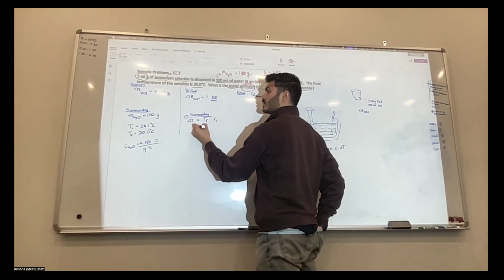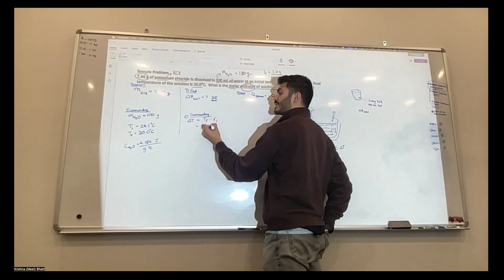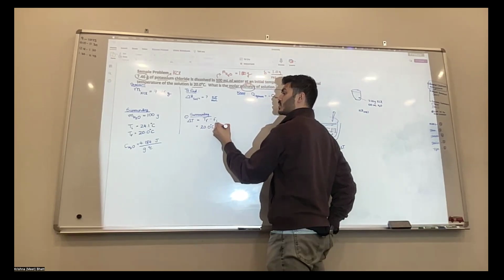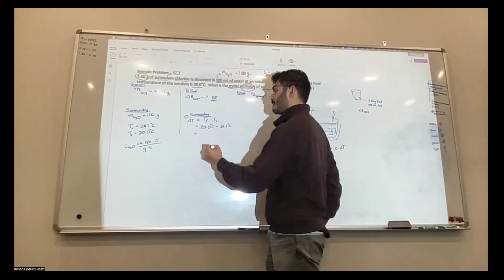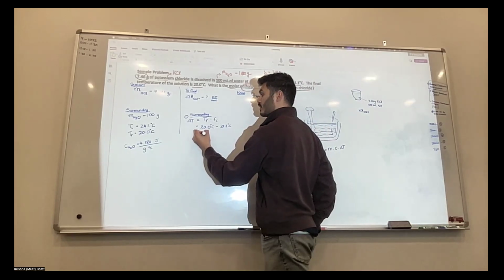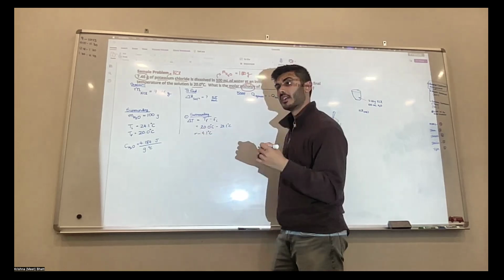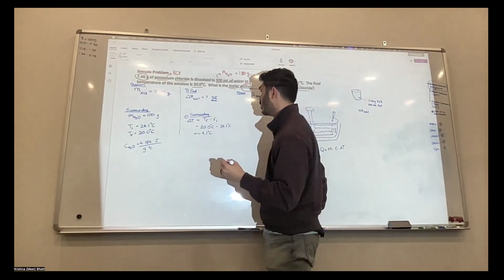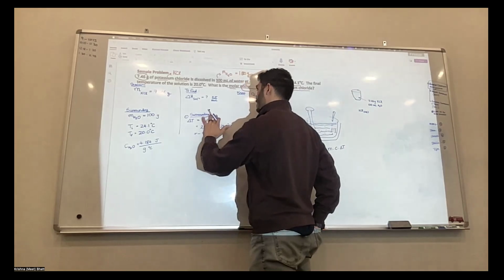So 20 degrees Celsius minus 24.1 degrees Celsius, and that becomes equal to negative 4.1 degrees Celsius. Everybody okay so far? Any questions? There is a typo. There should be TI, not FI. Sorry, TI.